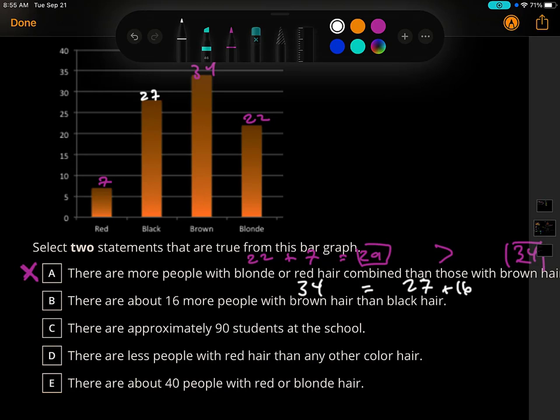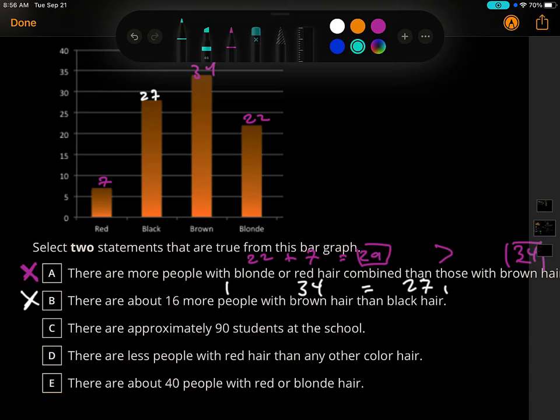Sorry, that would be the other way. And the numbers don't add up, right? 16 more people with brown hair. Is that a difference of 16? No, it's a difference of less than 16, so not B.